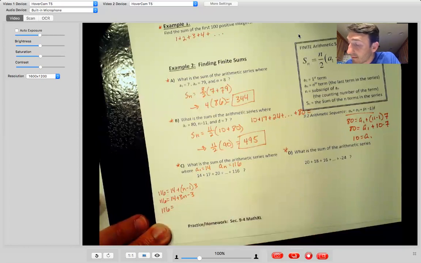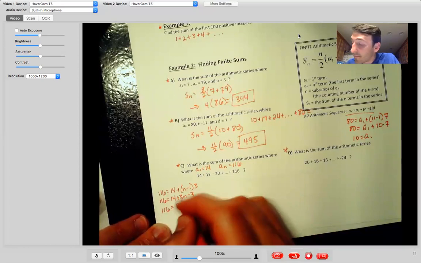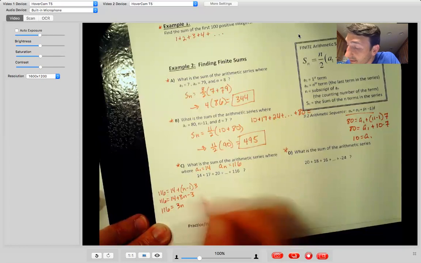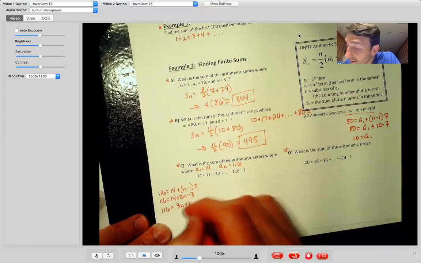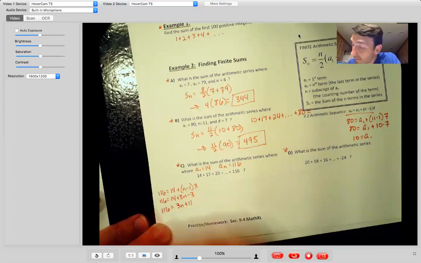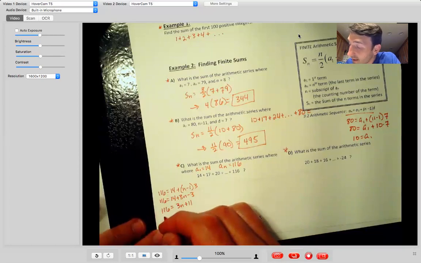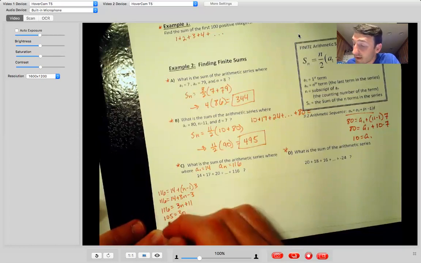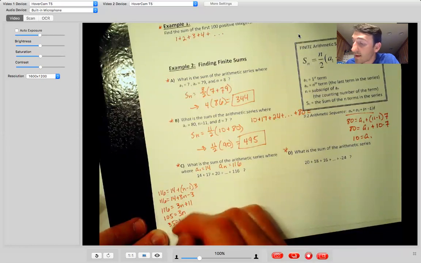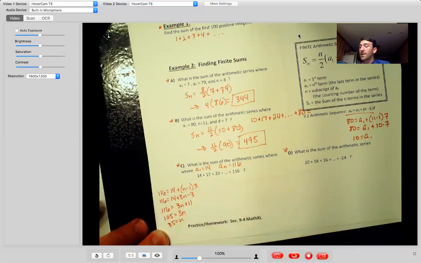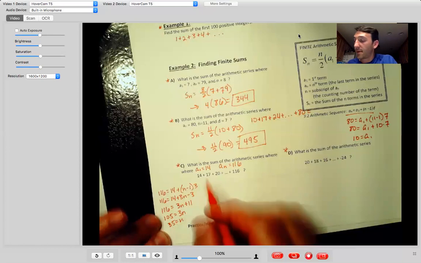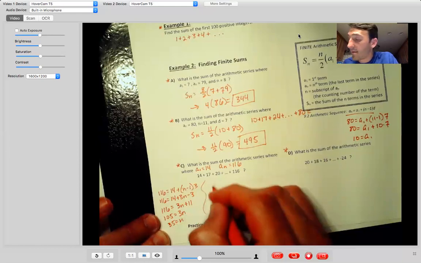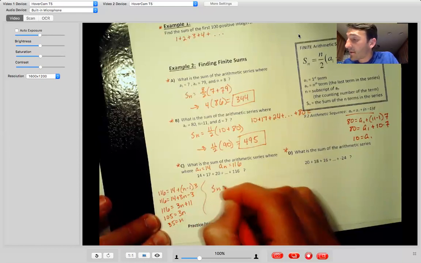So plus 11, so subtract 11 from both sides, going to give me 105 equals 3n. Divide both sides, we get 35 equals n. So again, had to do a little bit of work, but now we have everything we need to find that summation.